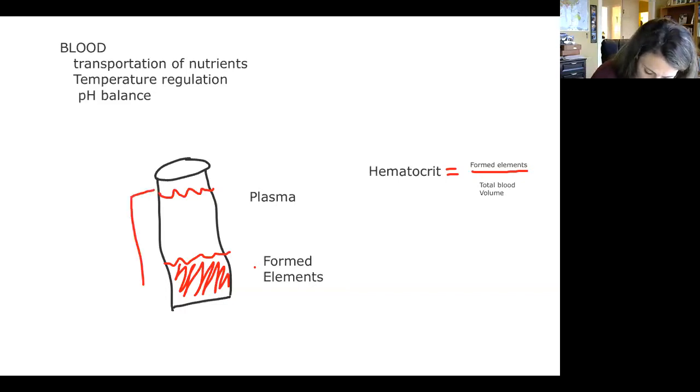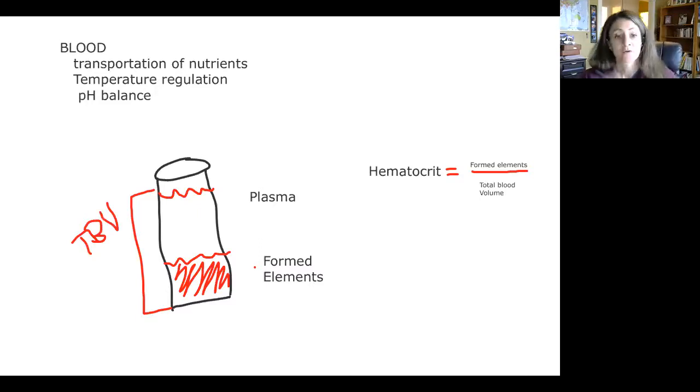Total blood volume is all of this. So formed elements divided by total blood volume tells you what percentage of your blood is formed elements. Hematocrit is not expressed in percent. So it's not going to be multiplied by 100. It's just going to be a number.